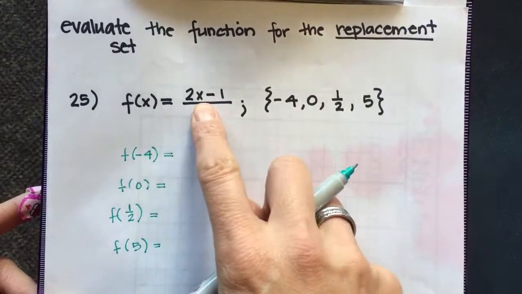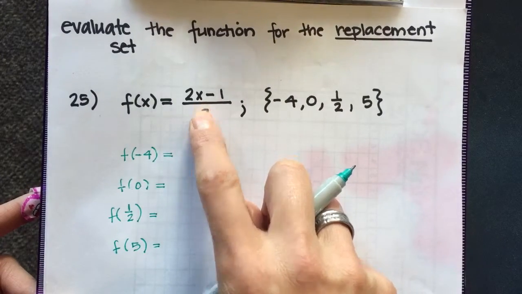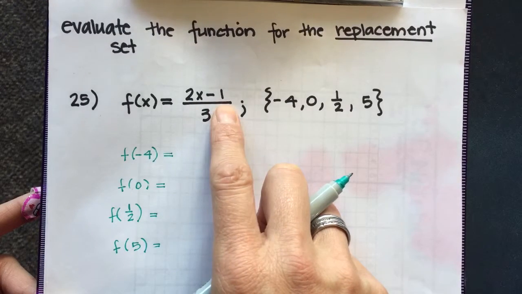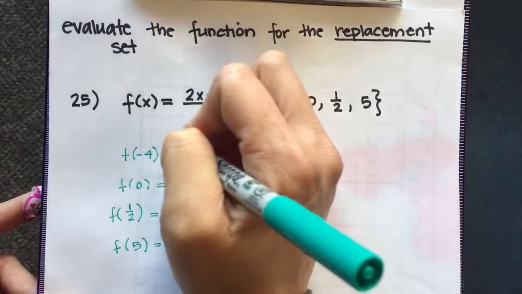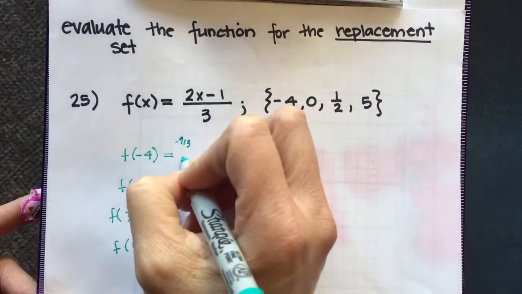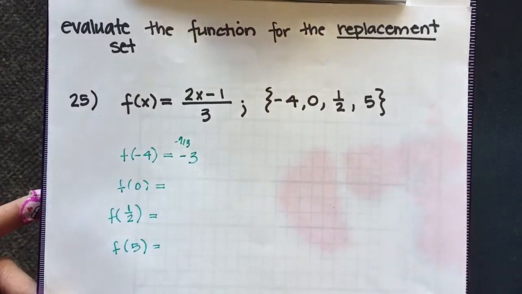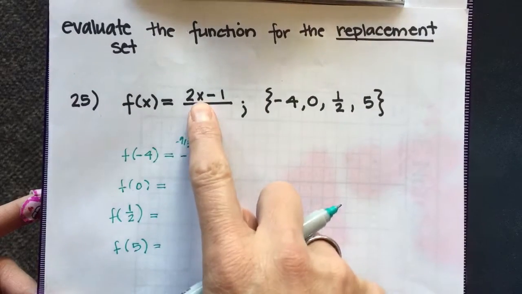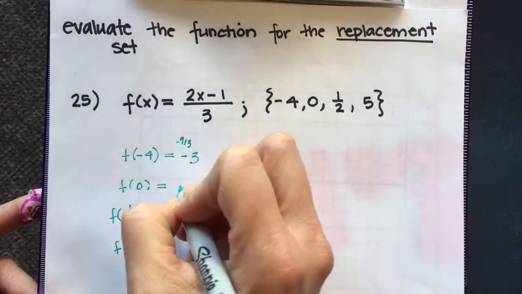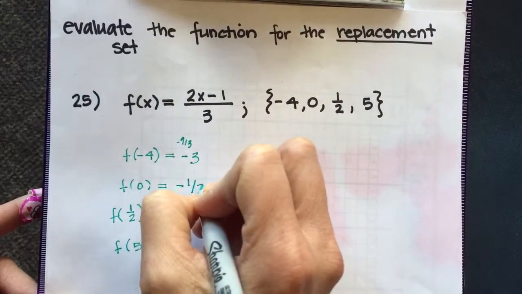So if I replace x with -4 for the first one, 2 times -4 is -8. -1 is -9 divided by 3. -9 divided by 3 is -3. If I substitute 0 in for x, 2 times 0 is 0, -1 is -1, divided by 3 is -1/3.